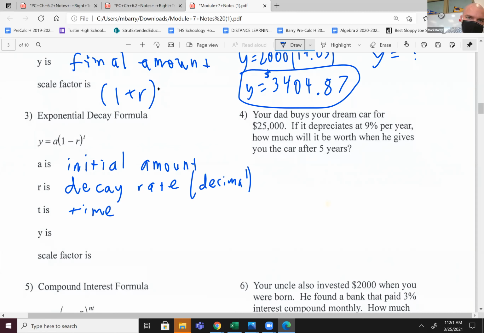Y is the final amount. And the scale factor is going to be the base of the exponent, which will be 1 minus r.